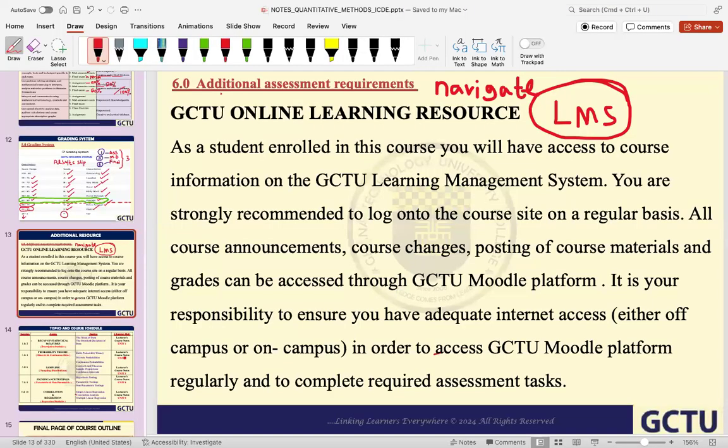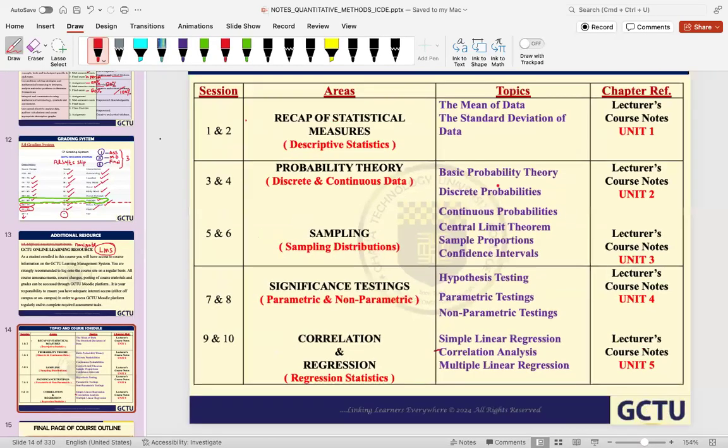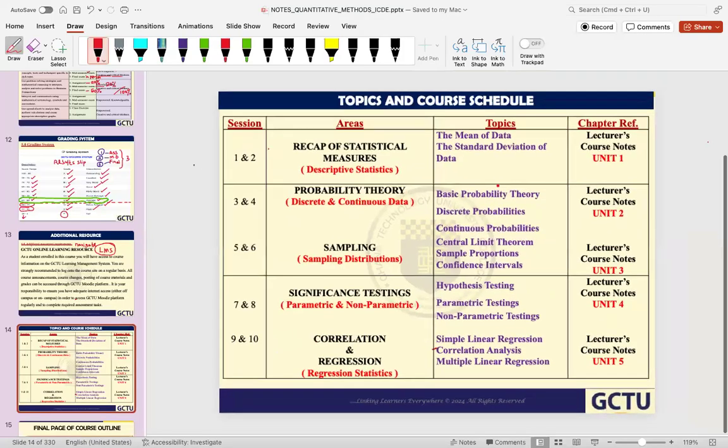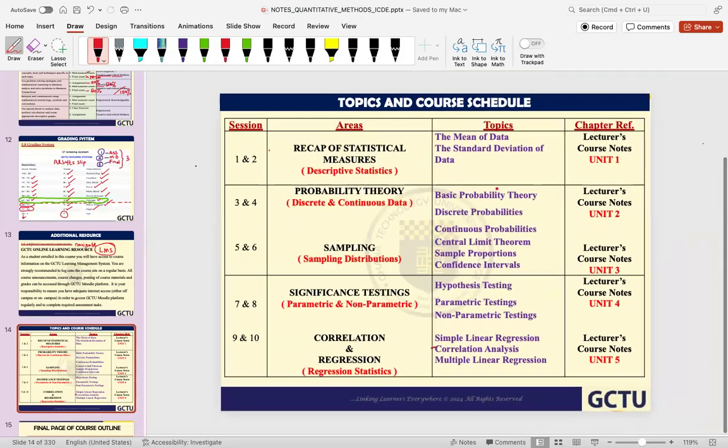Finally, on our course outline, I want to give you an idea of what we will be doing. We have our course schedule and the topics that we are supposed to treat. This is level 300. This is not level 100.